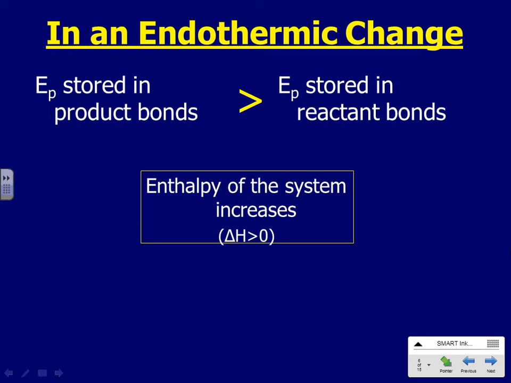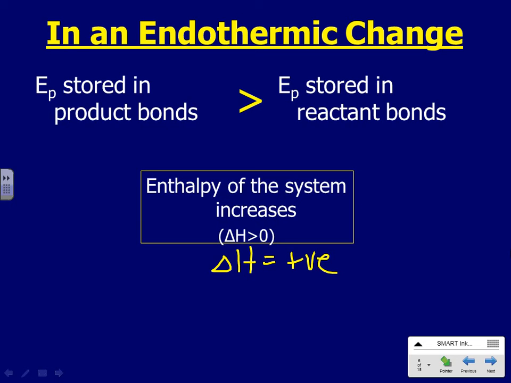Even though we don't use the symbol H, we still talk about the enthalpy as being that total. So an increase in enthalpy, we're storing some, we say then the delta H is greater than 0. I often like to write it as delta H is positive, all right?